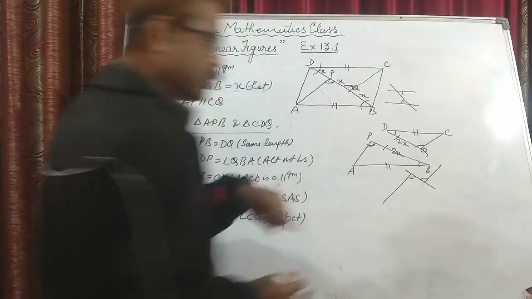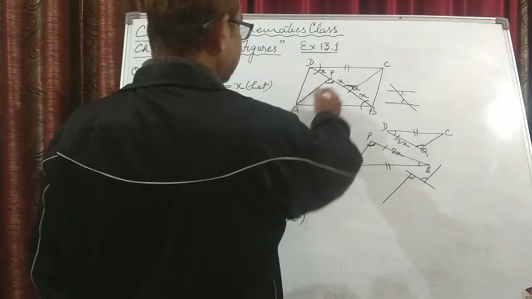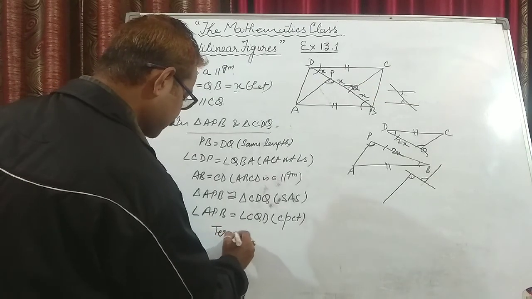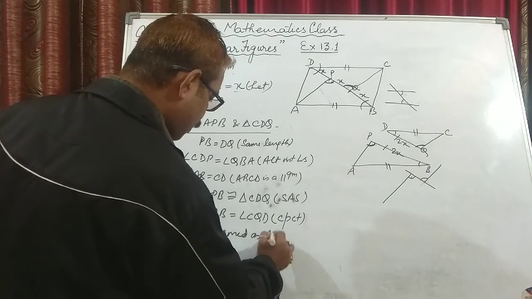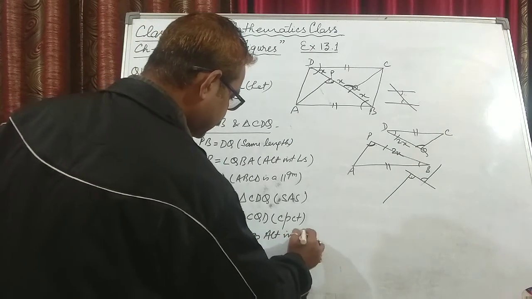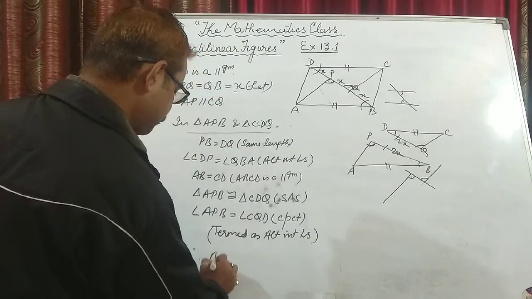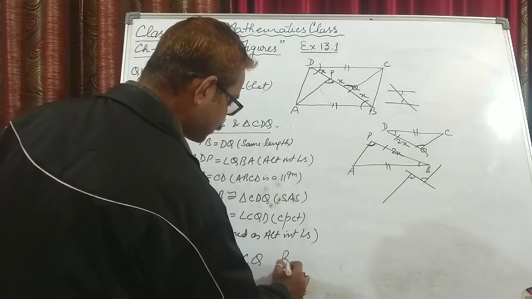Since they are equal, they can be termed as alternate interior angles, and therefore AP is parallel to CQ. That is your proof.